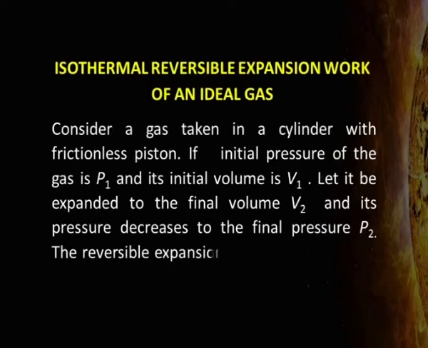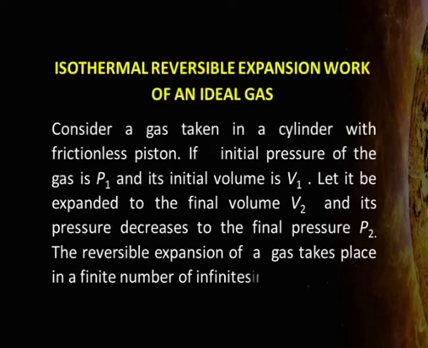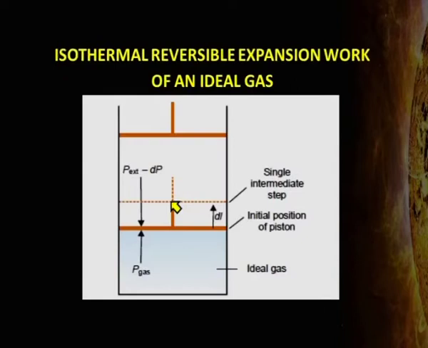The reversible expansion of a gas takes place in a finite number of infinitesimally small steps. To start with, the external pressure P external is arranged equal to the internal pressure of the gas, that is P gas, and the piston remains stationary.